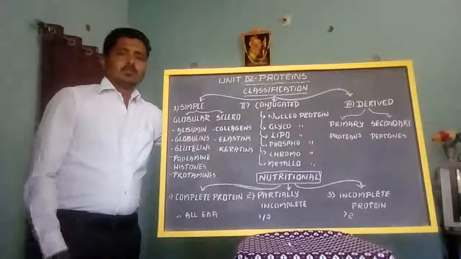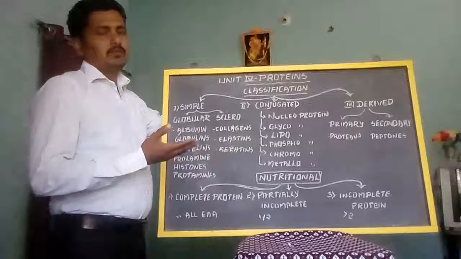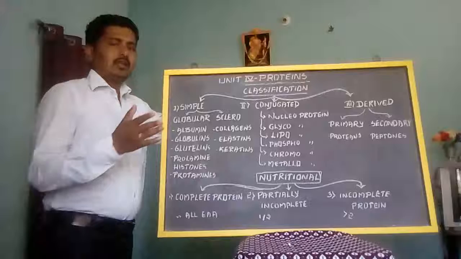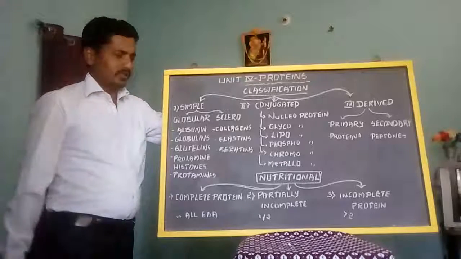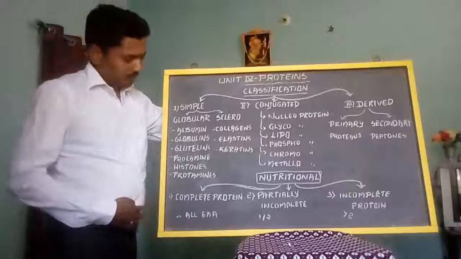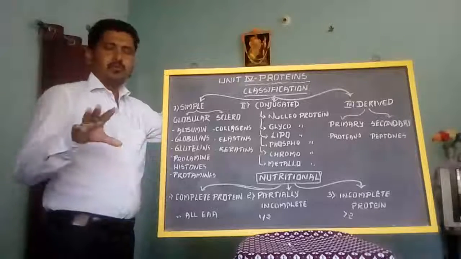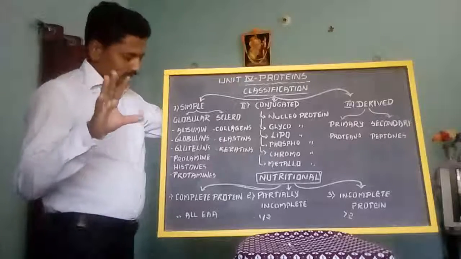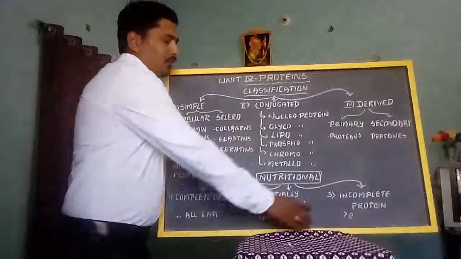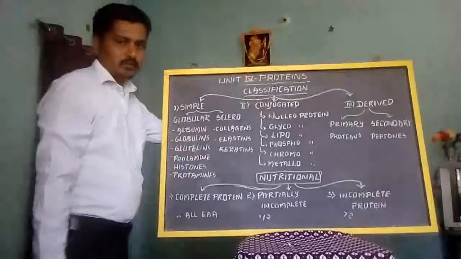Gelatin is a good example of incomplete protein. It lacks more than 3 or 4 essential amino acids, and that is not good for health either. Okay. This is overall the nutritional classification of protein: complete protein, partially incomplete protein, and incomplete protein.